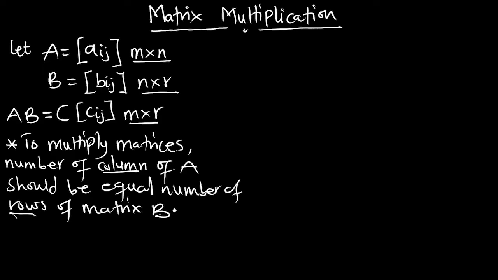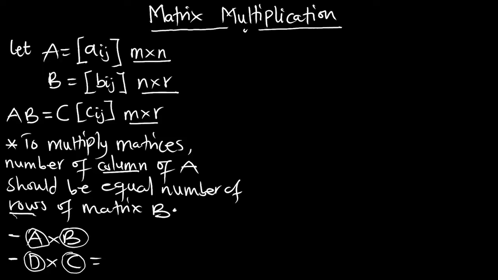So for example, if we have matrix A multiplying B, the number of columns in A should be equal to the number of rows in B. If we have D multiplying C, this is possible if the number of columns in D is equal to the number of rows in C. Anything apart from this cannot help us to multiply matrices.